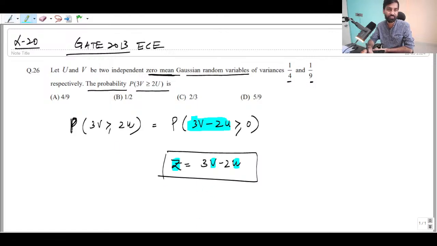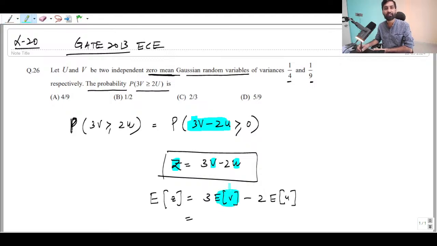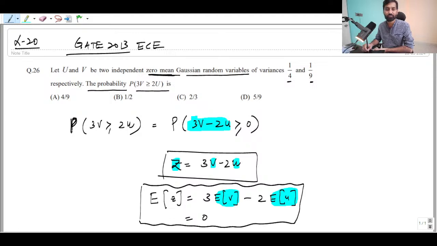The mean of Z is 3 times the expectation of V minus 2 times the expectation of U. As long as the expectations of V and U are 0, the mean of this new random variable Z is going to be 0.